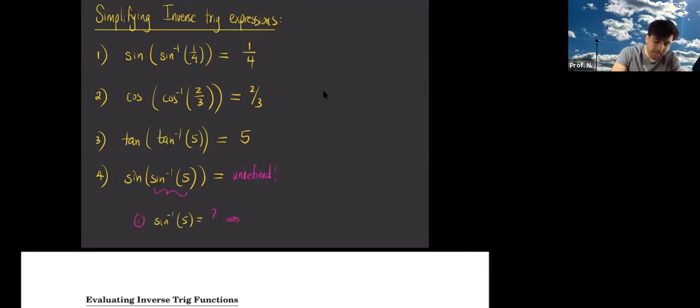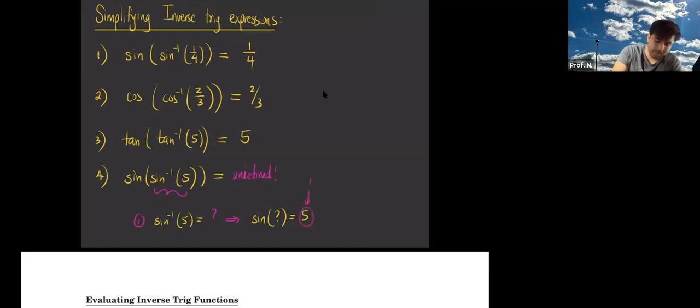Think about this as sine of some angle equal to 5. Is this possible? Do we know an angle that we plug in sine, we get 5? Isn't the range of sine between 1 and -1 always and forever? So 5 is impossible to get.